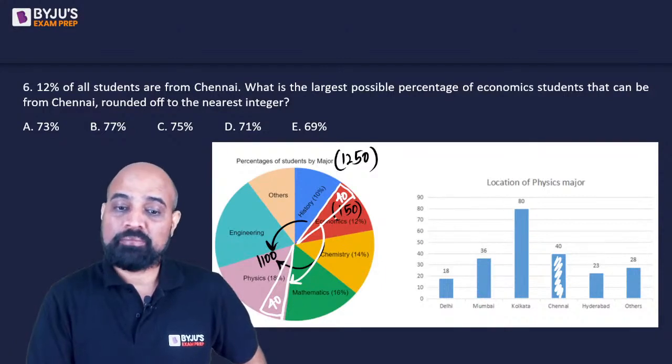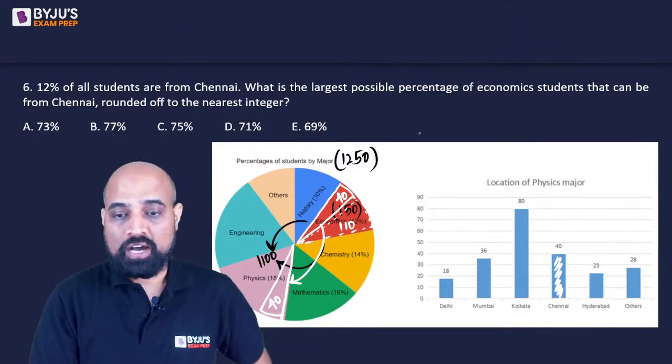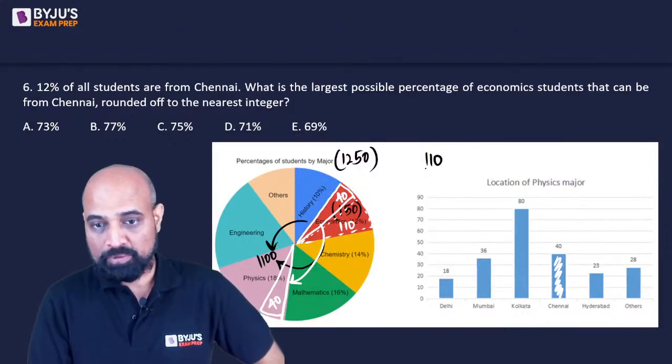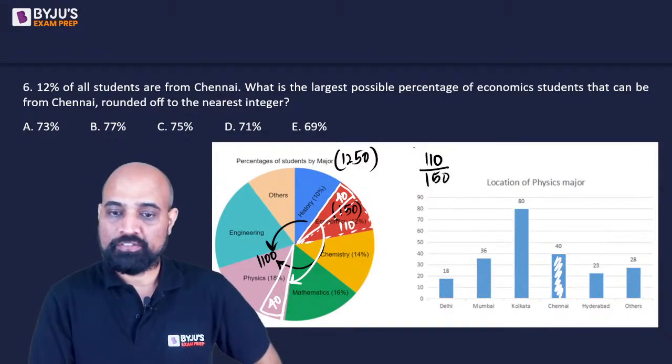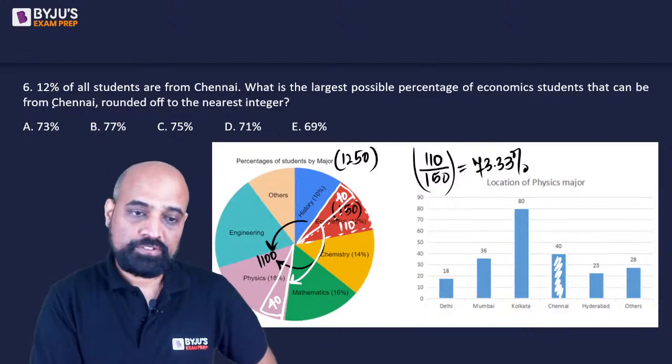So maximum number of students who are from Chennai in economics major, बाकी बच जाएंगे, which is going to be 110. So 110 is the maximum number of students who are from Chennai in economics major out of a total of 150. So this is going to give us 73.33%. So this gives us A as the answer.